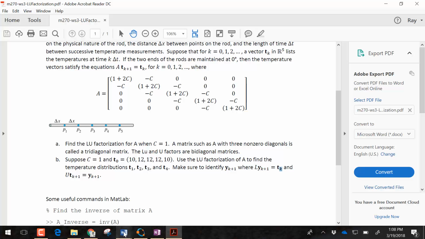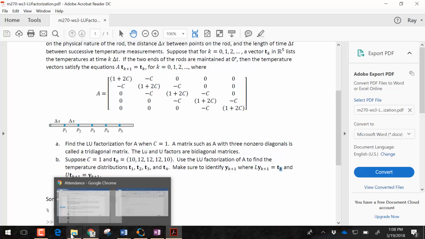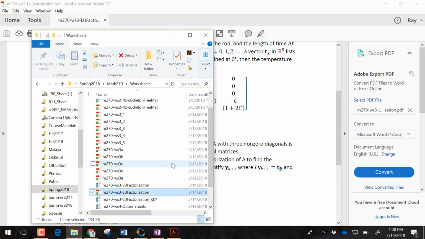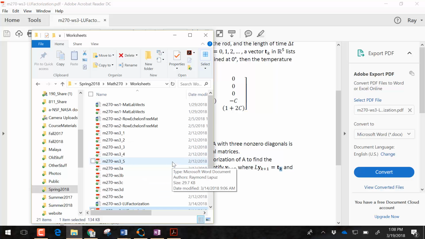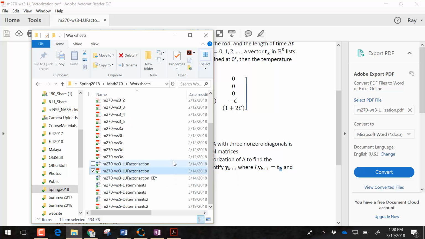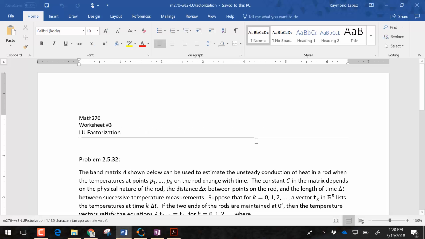Are you sure this is worksheet 2, 3? Okay, so I need to adjust my other worksheets. So this should be 4. That's already confusing enough for me.